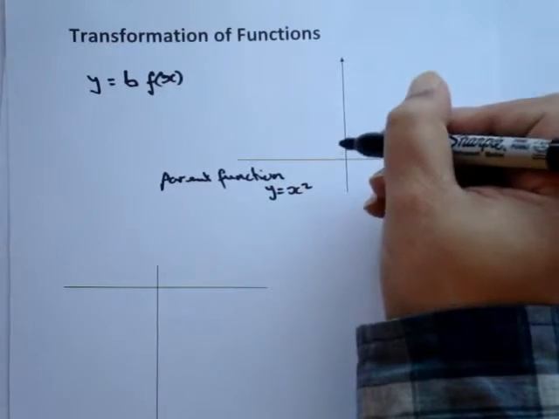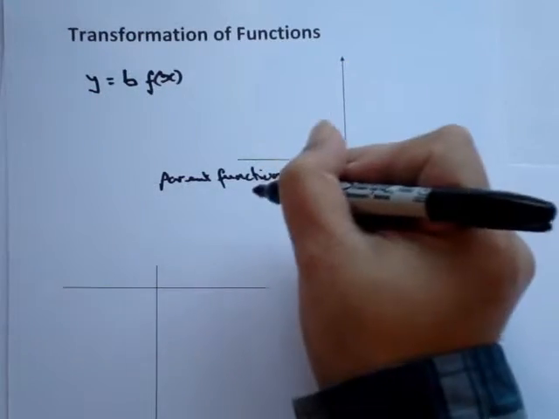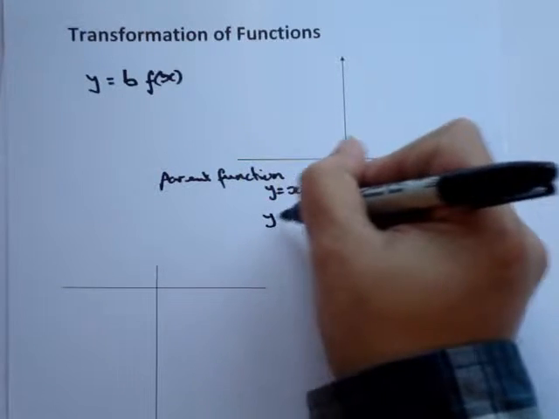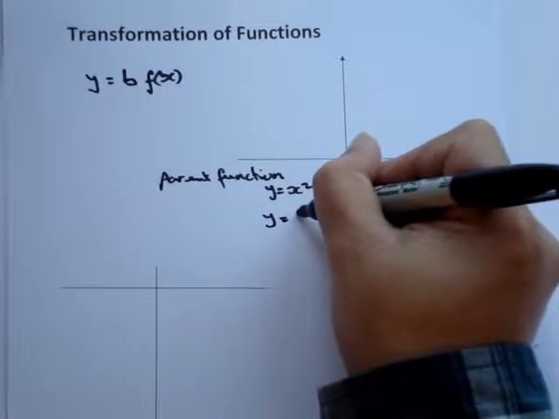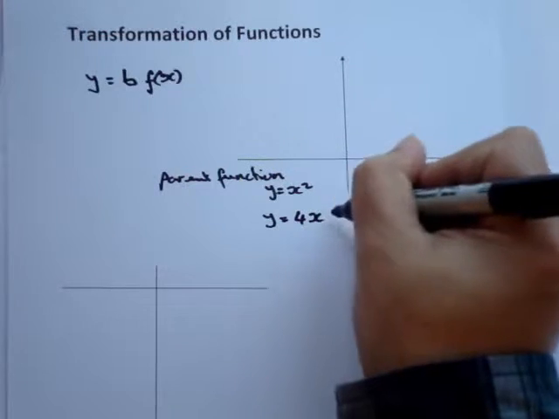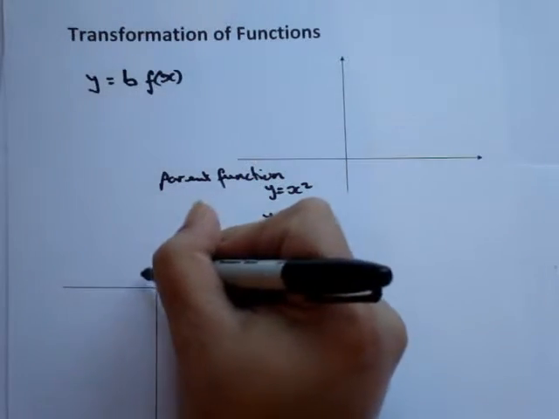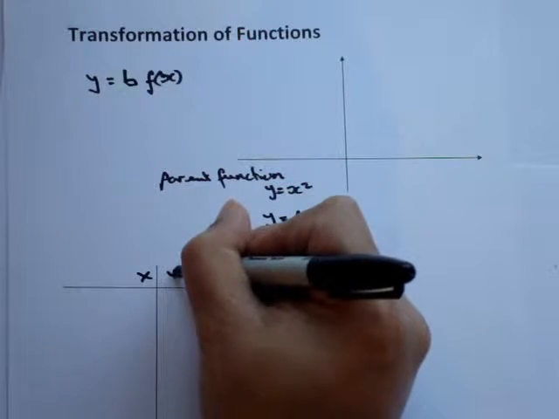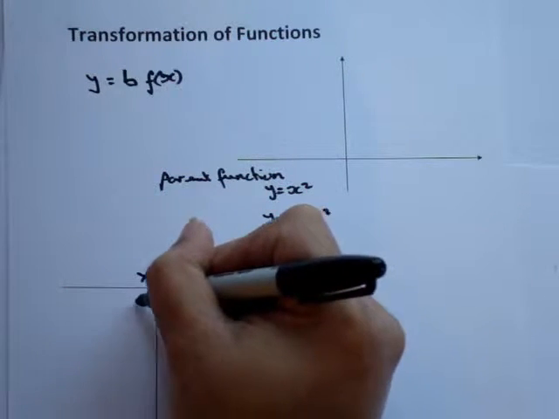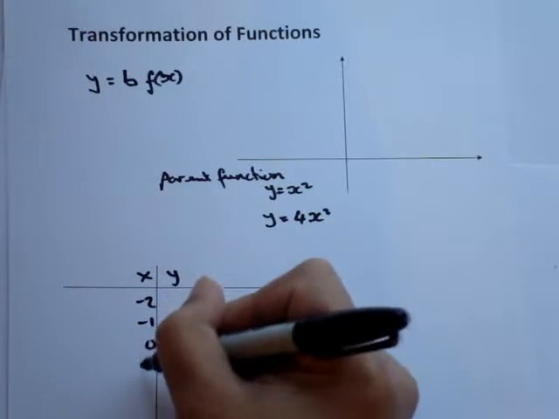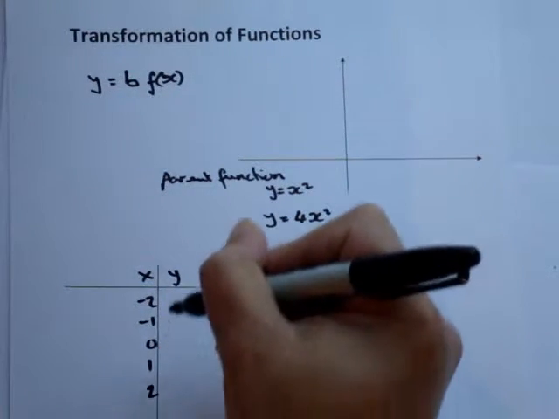x. Our parent function is y equals x squared, and the transformed function is y equals 4x squared. If we make our t-table, we have our x and our y. Our points of interest are minus 2, minus 1, 0, 1 and 2.